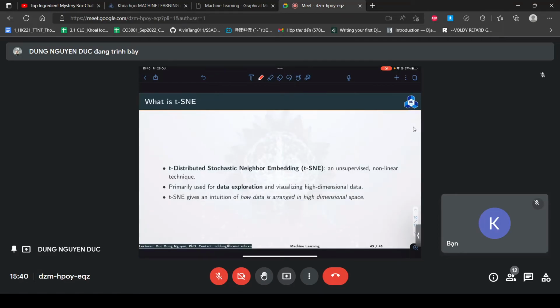Now, it's hard for me to explain t-SNE in the class today. It will take a while, but you must first read the paper. We can come back and discuss t-SNE if you have any questions when you read the paper.